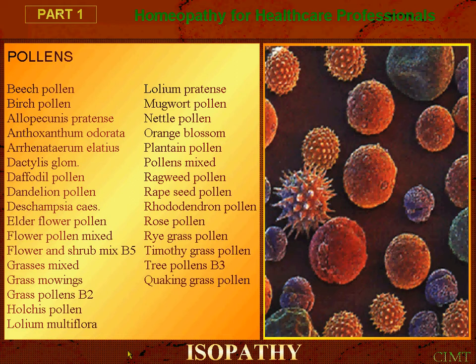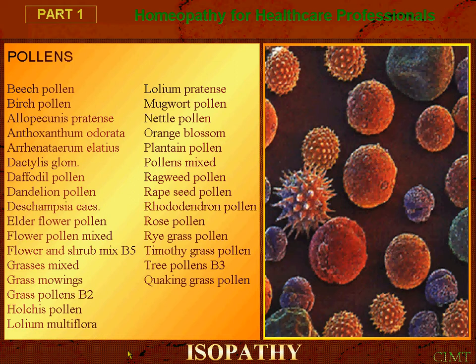Here are some of the allergens that you can find in homeopathic pharmacies. This is just a selection from a pharmacy's list of isopathic remedies that we stock. As you can see, a lot of the very common allergenic species are available in potency.